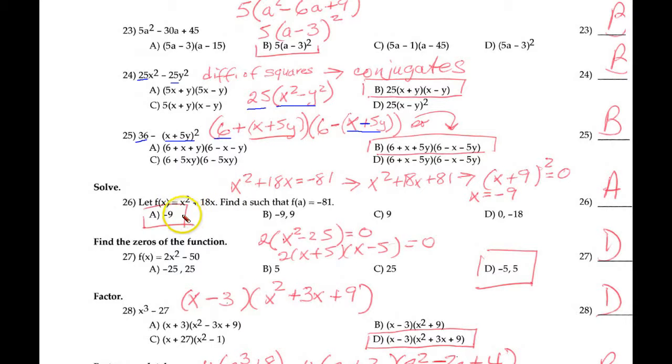And you want to solve this function such that it equals a negative 81. So we put it in standard form, equaling it to 0. This is a perfect square trinomial that factors into this, that equals 0.